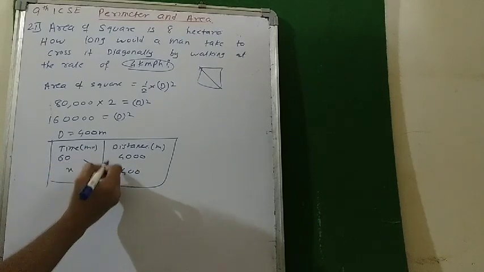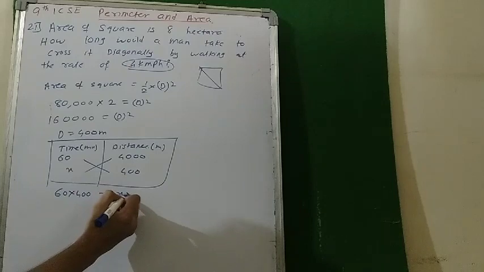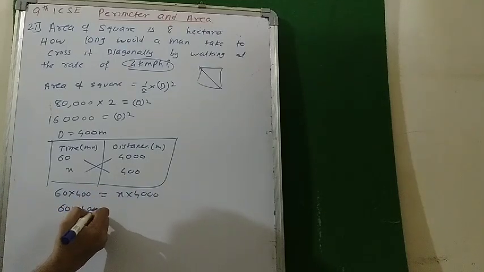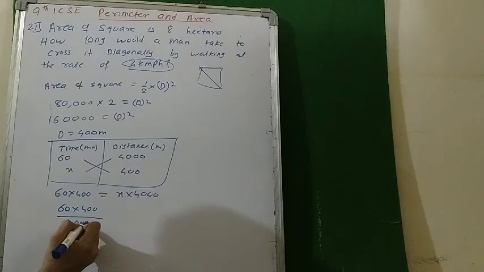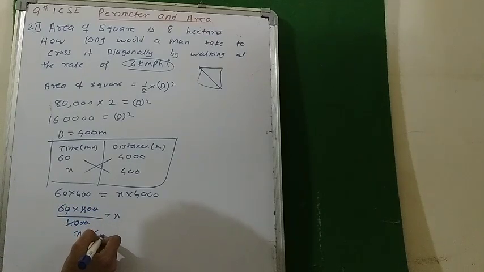So how long will it take? 60 into 400 is equal to x into 4,000. 60 into 400 upon 4,000, the zeros cancel, 4 and 4 cancel, so x is equal to 6 minutes.